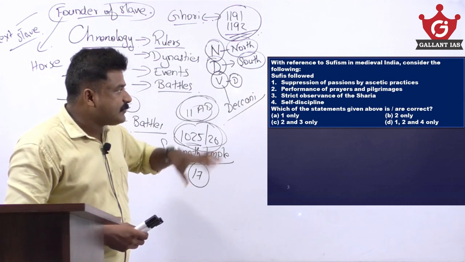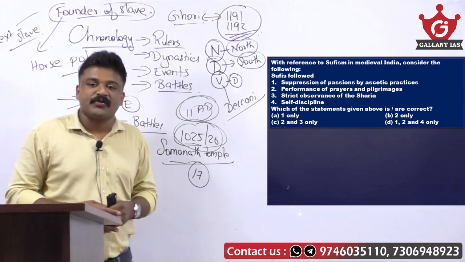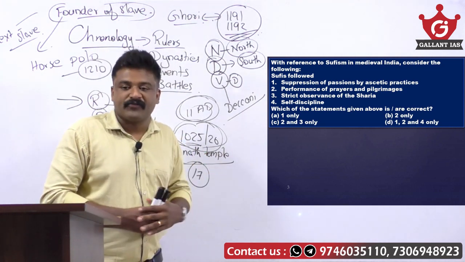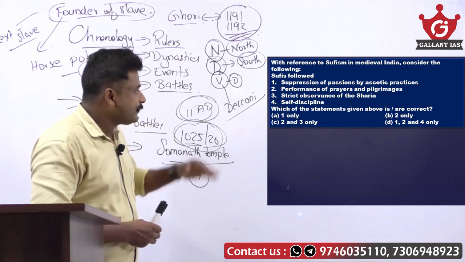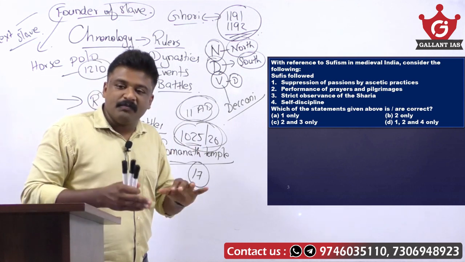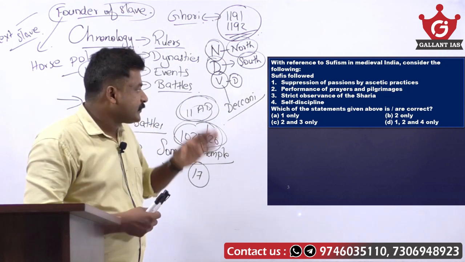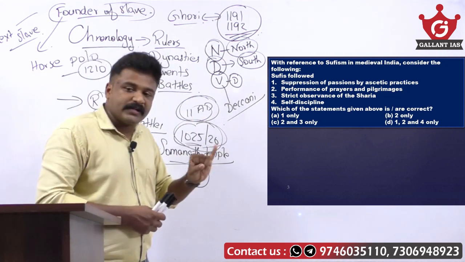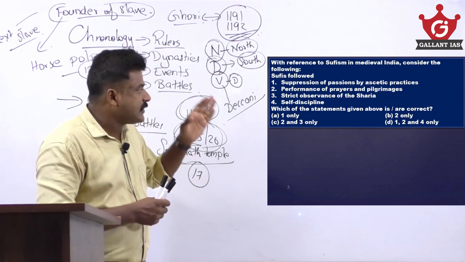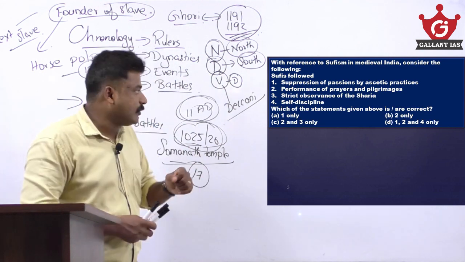With reference to Sufism in medieval India, consider the following. Here you take care. The central ideas of Sufism, teachings of Sufi saints, and various silsilas, the orders of Sufism, are all important for you. Suppression of passions by ascetic practices is a feature of Sufism. It was a liberal, devotional movement within Islam. So that is true. Sufis had faith in the performance of prayers and pilgrimages, called ziyarat; the term is important.